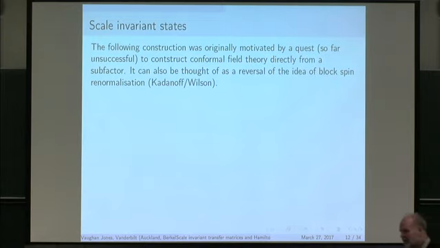This is going to be taking that work, seeing that it fails, but being seduced by some of the beautiful mathematical structures and going off in another direction, hoping that that will have physical implications, which it may. It can also be thought of, if you don't want to have anything to do with subfactors, as a reversal of the idea of block spin renormalization, which goes back to Kadanoff and Wilson.